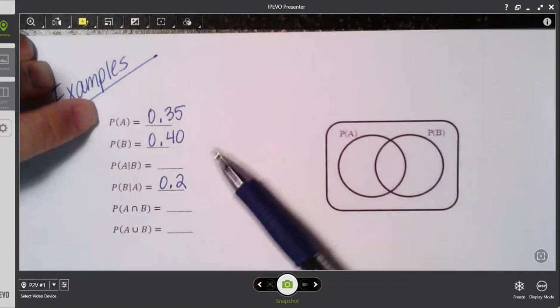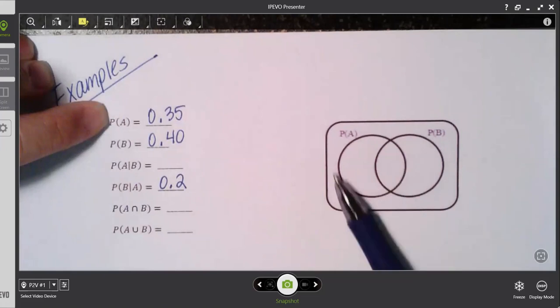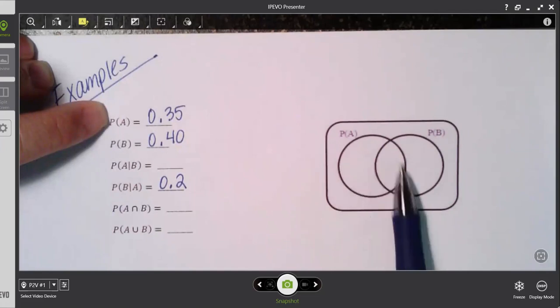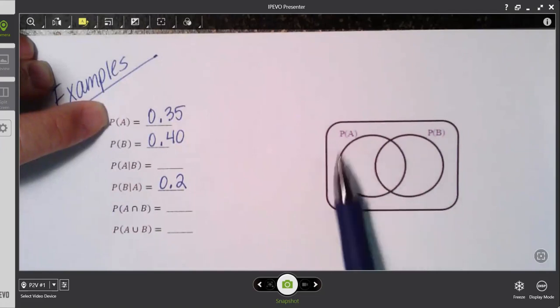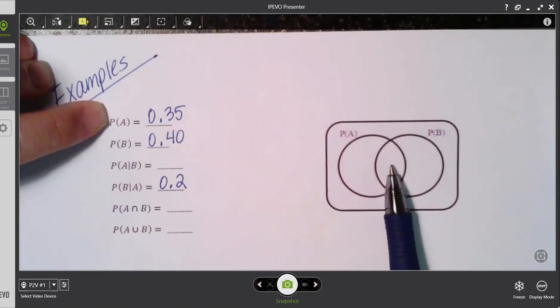The 0.35 is not something I can just write someplace because I don't know where to write it. It is the probability of being in the entire circle. So the 0.35 is this whole circle. So part of the 0.35 goes here. Part of the 0.35 goes here. I have to figure out what part.